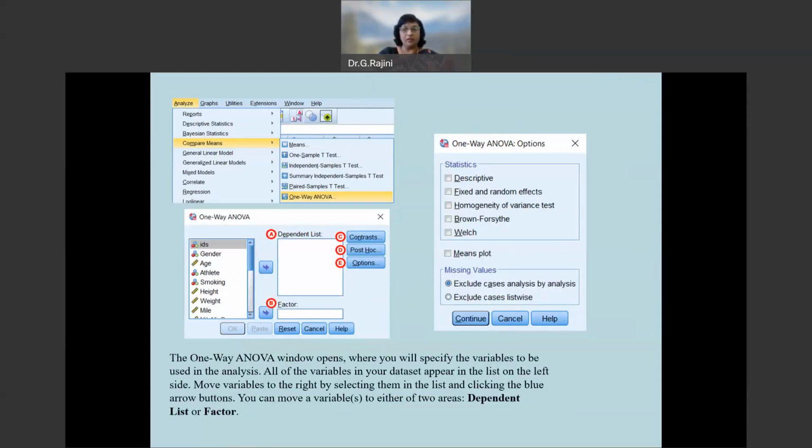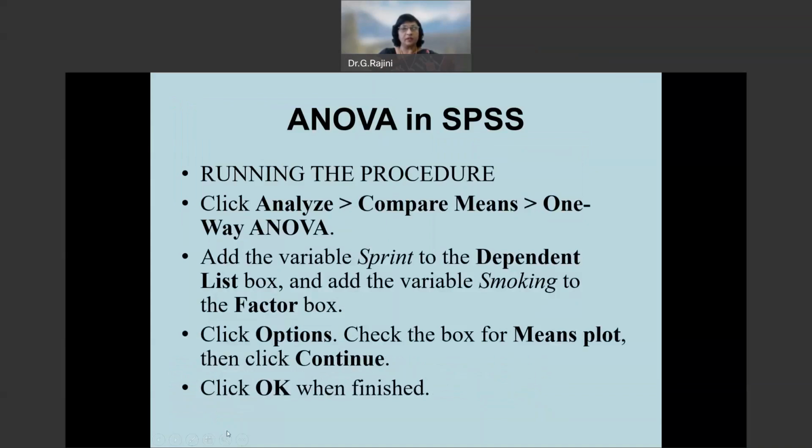You can move the variable to either of two areas, the dependent list or the factor. The independent variables are always moved into the factor. When you run the procedure, you add the variable print to the dependent list box and then the variable smoking to the factor box.